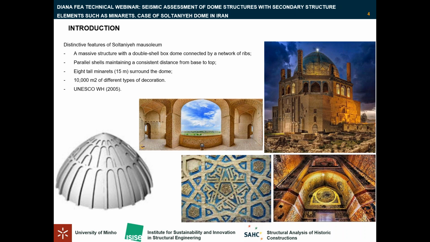The interior space of the building is composed of different sections, and its most remarkable aspect is its intricate ornamentations, as you can see here, which encompass 10,000 square meters of different types of decorations. The Dome of Soltaniyeh was registered in UNESCO's World Heritage List in 2005.